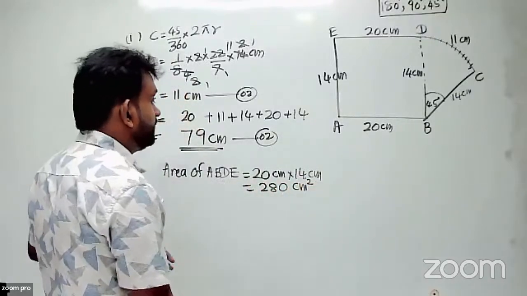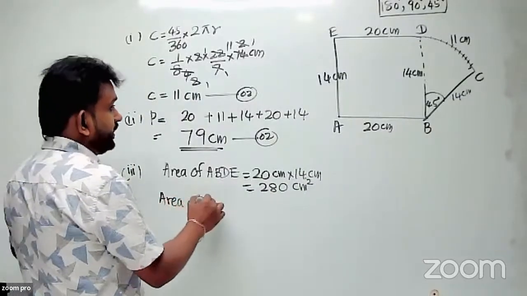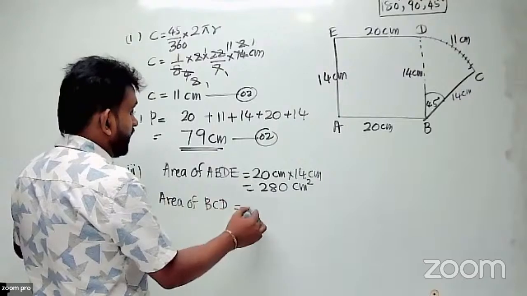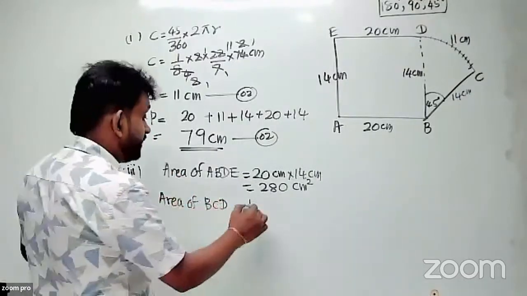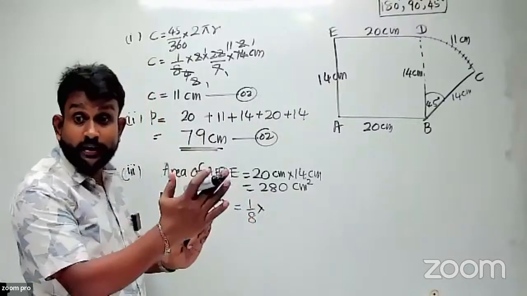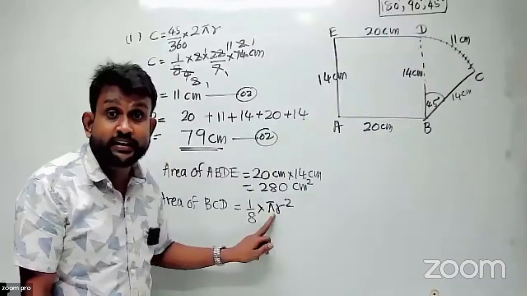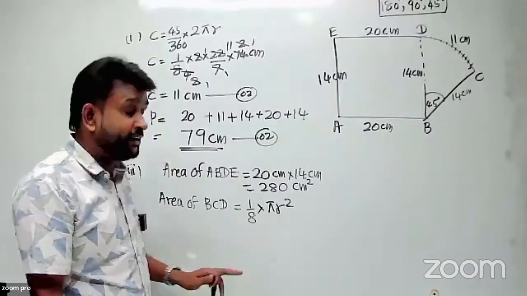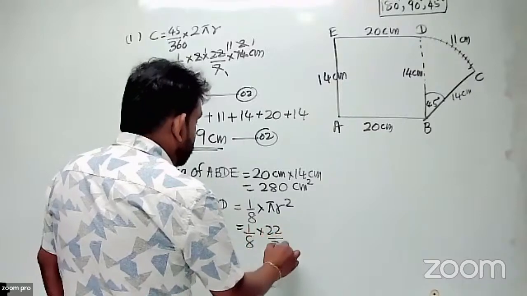Okay. Then area of sector BCD. So how to write? You know that 1/8 is the portion of the circle, and the area is pi R square. That is the full circle area. This is 1/8 of that. Then write 1/8 into pi into R squared.